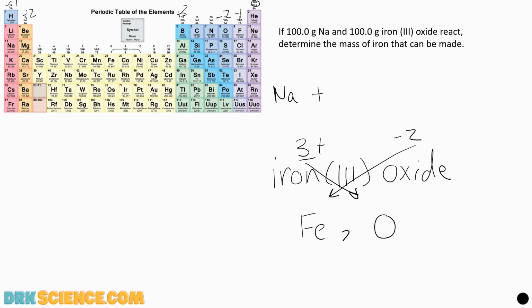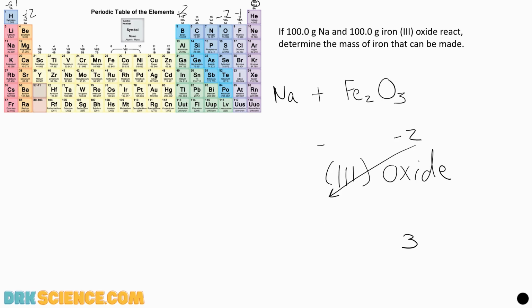We get Fe2O3. So we're going to write this up here. And now we need to determine our products. For these products, we have sodium plus iron oxide. This is going to be a single replacement reaction.